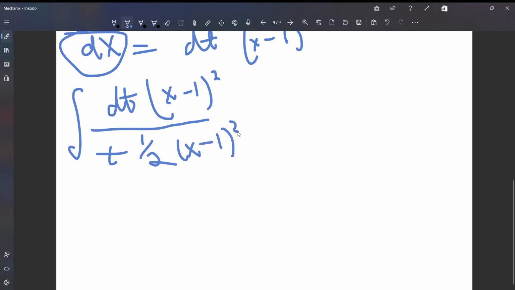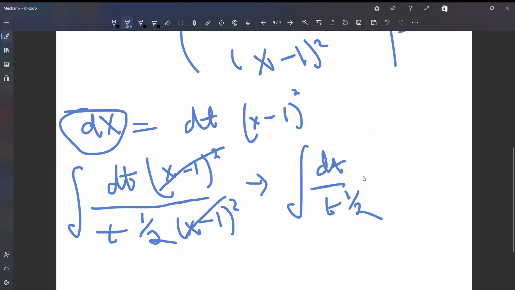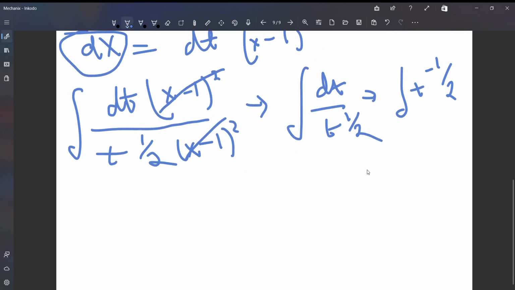So isn't this interesting? We are able to cut out the x minus 1 whole squares and we get integral of dt by t power half. That's again going to be integral of t to the power negative half, and using our formula we're going to get it as 2 root t.